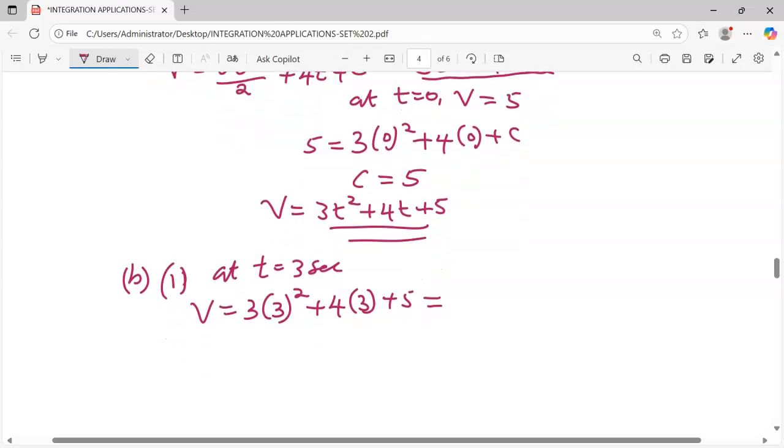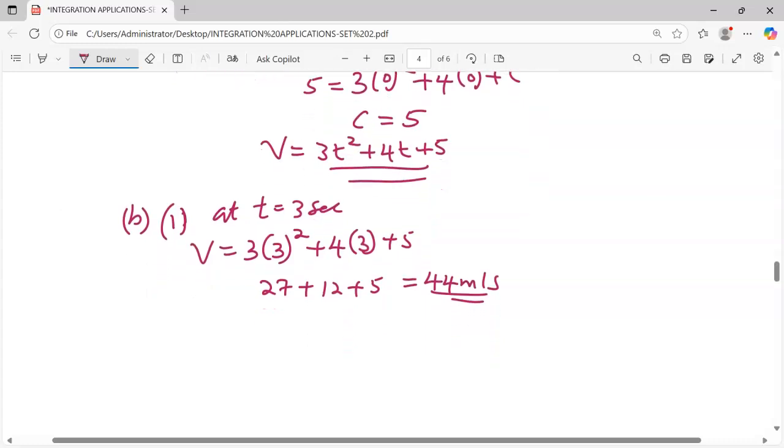This one is going to give us 3 squared is 9 times 3, which is 27, plus 4 times 3 will give us 12, plus 5, and this one is going to give us an answer equivalent to 44 meters per second, since that is velocity.